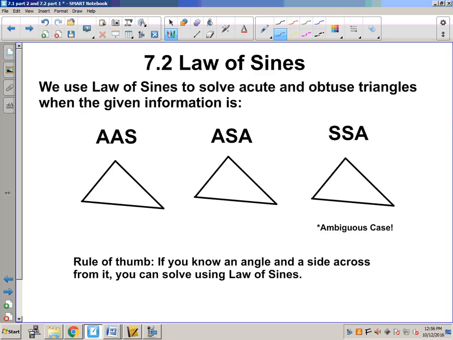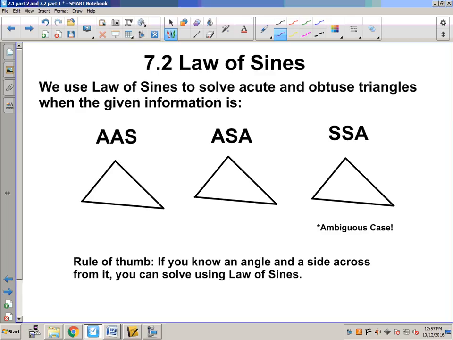And for right now, this first piece isn't the most important thing, but I want to talk about how to recognize when you can use the law of sines. There are three different situations where you can use the law of sines, and that's AAS, ASA, and SSA. This should sound familiar to you from geometry.